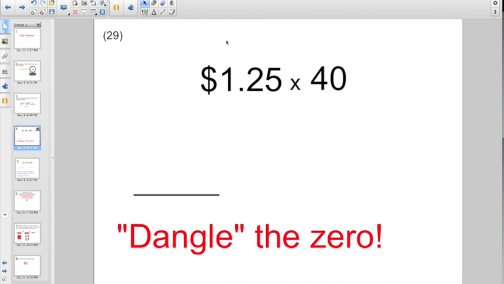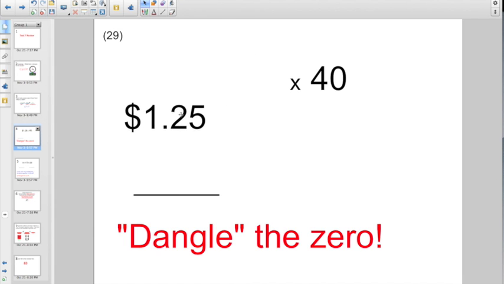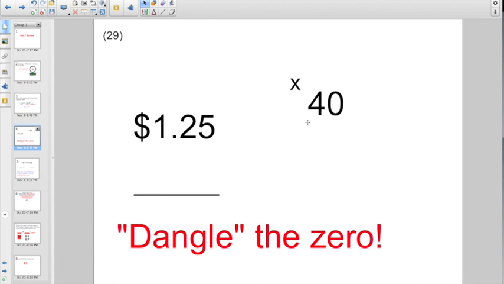Check out this one. Dangle the zero. I still see some people struggling with this. We got $1.25 up on top. You technically have no knowledge taught by me about how to multiply two-digit numbers.